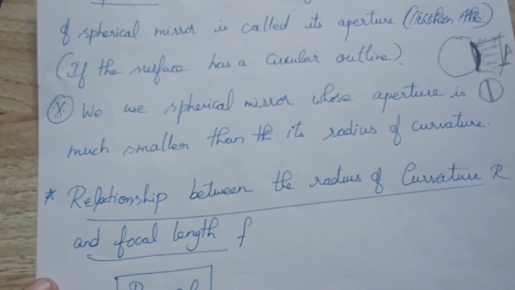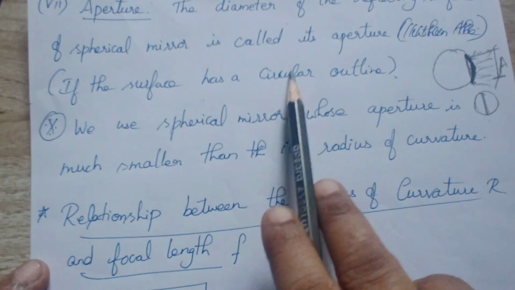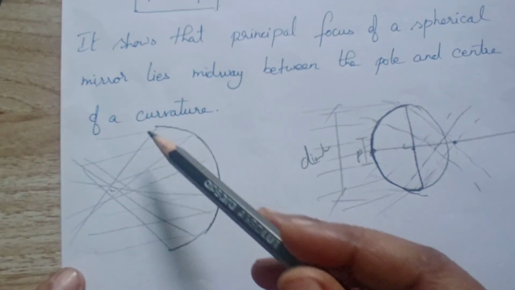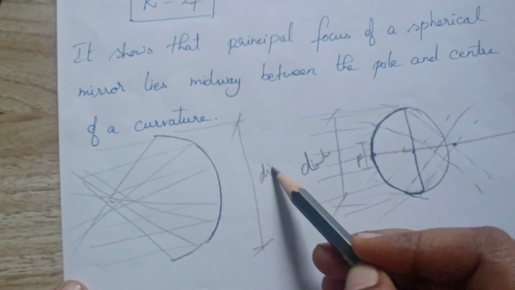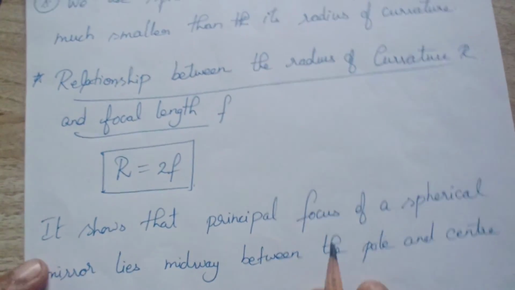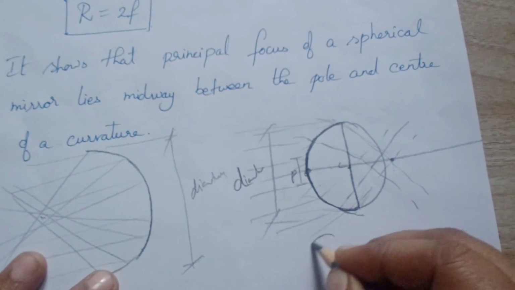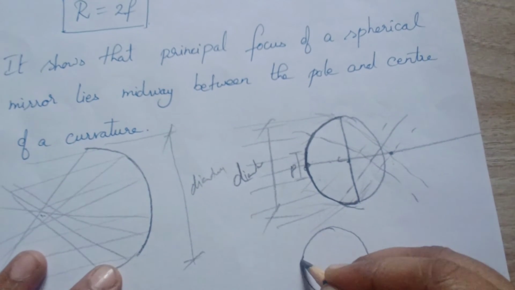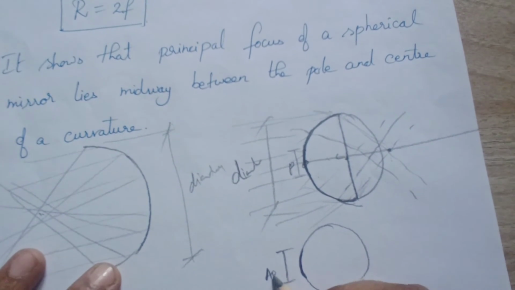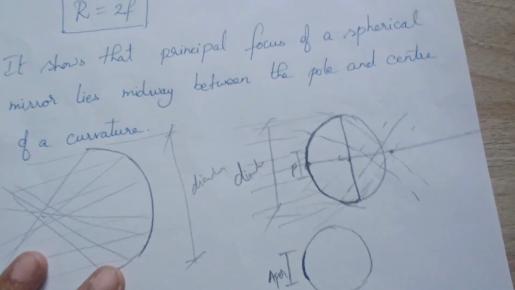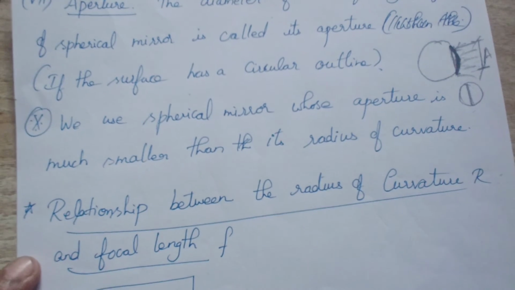If the aperture is of a circular outline like this, your diameter is your aperture. If the aperture is small like this, this is your reflecting part, and this is your aperture. Fine. So we use spherical mirrors whose aperture is much smaller than their radius of curvature for study purposes.